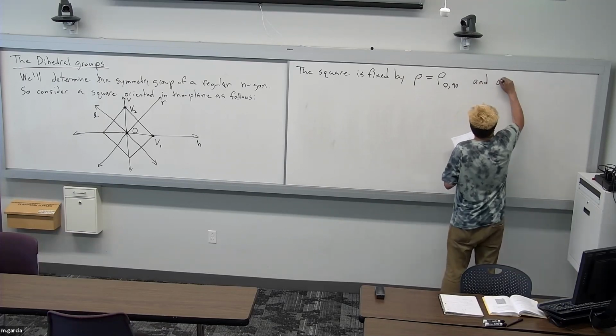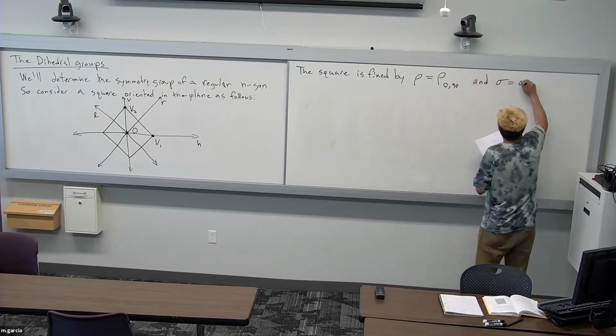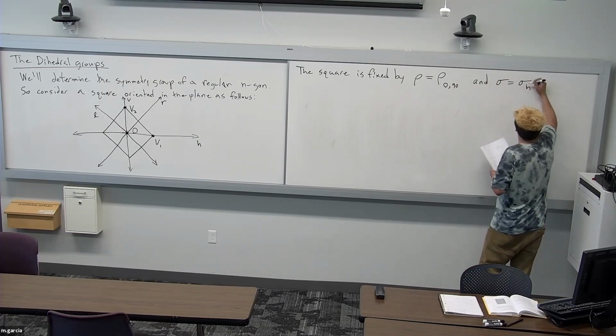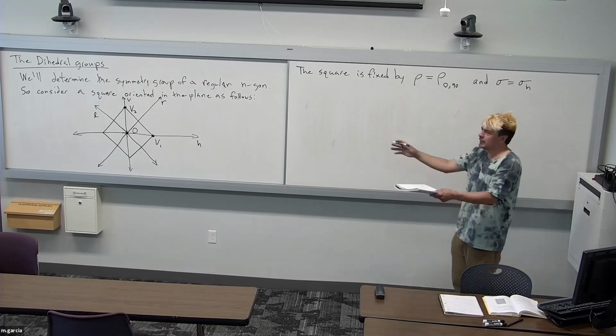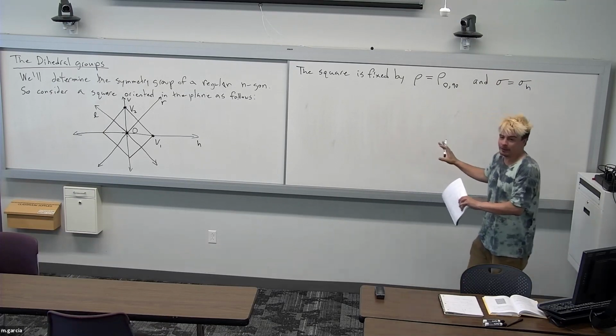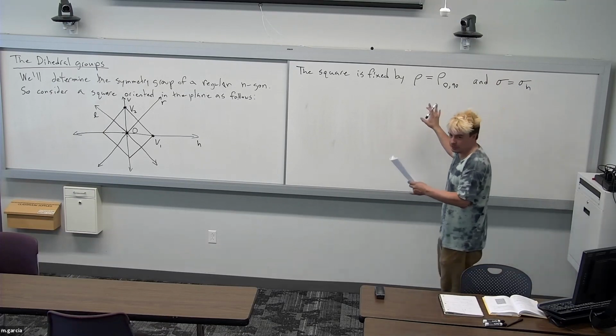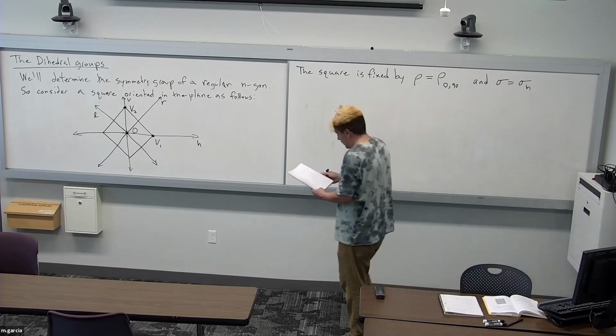And sigma, shorthand for our old friend from the Klein Four group, sigma h. Of course it's fixed by more than that, but bear with me. Let's see where we can get with just these two.